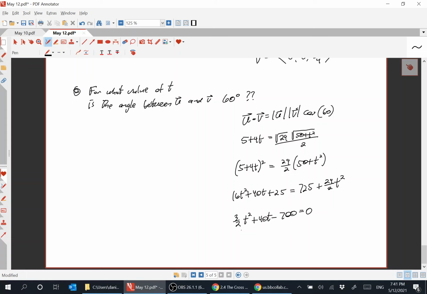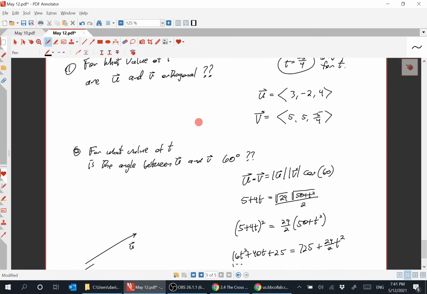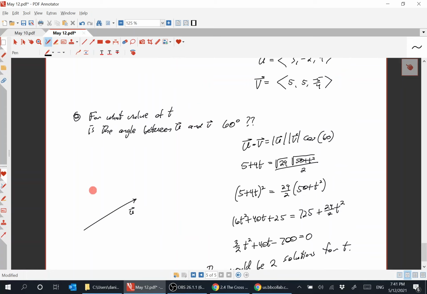How many solutions do you get for t in this case? 2, right. You would get 2 solutions for t, because here would be u, and then v could be 60 degrees over here, or 60 degrees down here, in the same kind of plane.